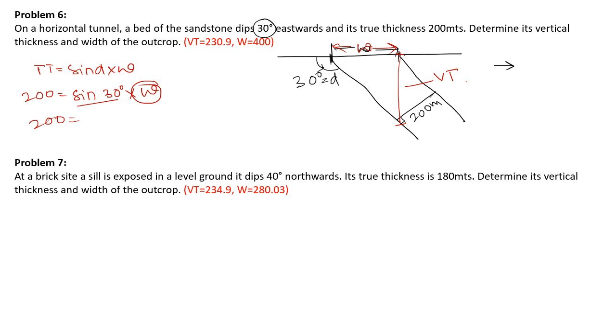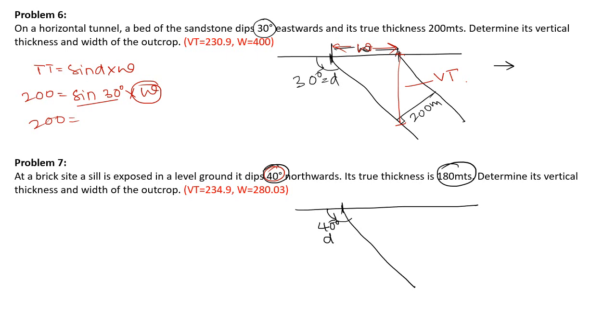At a brick site, a sill is exposed on level ground and dips 40 degrees northward, and its true thickness is 180 meters. In the same way we have to solve this problem. First I'll draw a ground line. I'll mark one point randomly, and here I'll measure 40 degrees. This is my 40 degree D value.